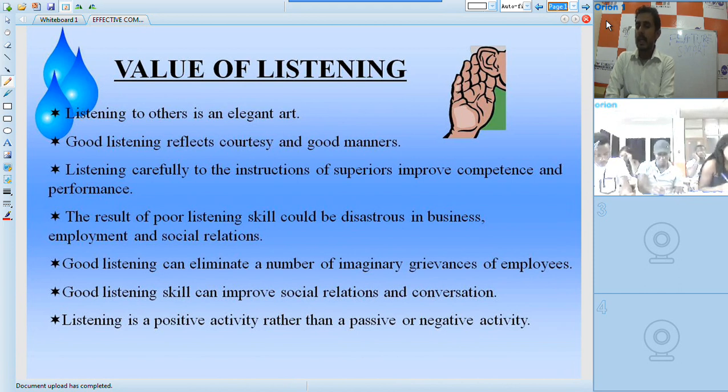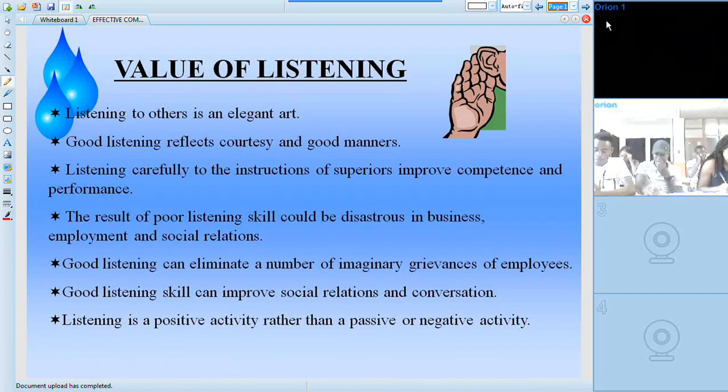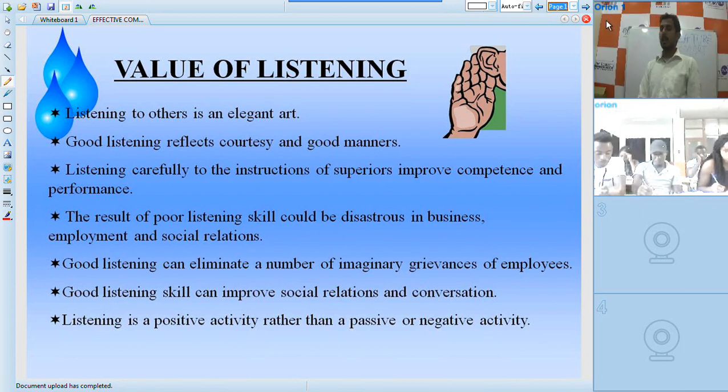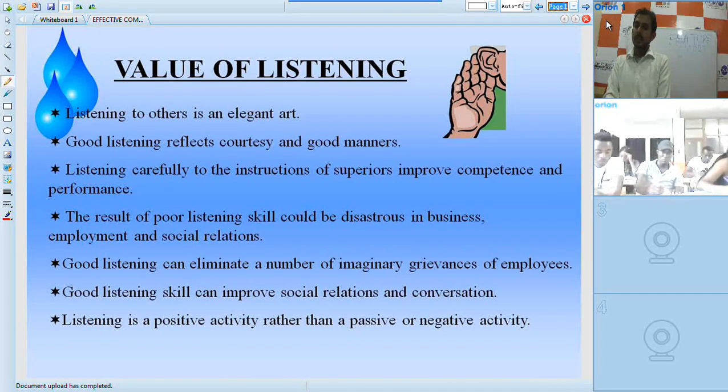Listening counts as a positive activity rather than a passive or negative activity. A good listener is always counted as positive, which means the person is able to take the knowledge or is interested to gain more from the lecturer.